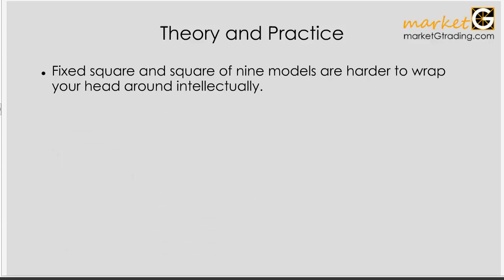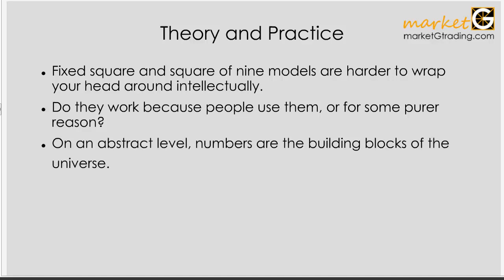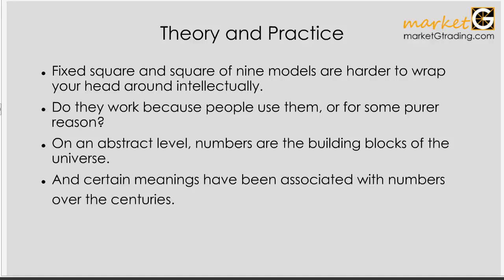Fixed square and square of 9 models are harder to wrap your head around intellectually. Do they work because people use them or for some purer reason? On an abstract level, numbers are the building blocks of the universe. And certain meanings have been associated with numbers over the centuries.